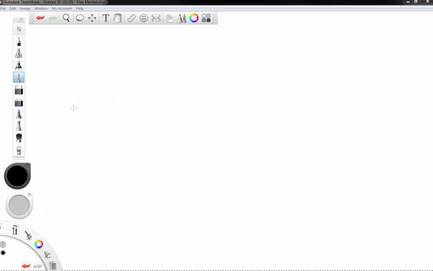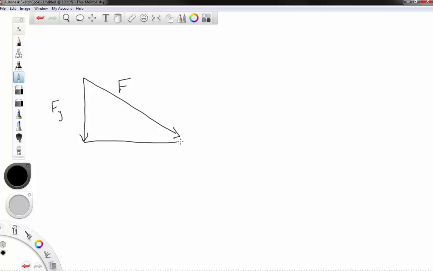If I apply a certain amount of force F onto an object, then F can actually be broken up into two components. This is Fy, and this one right here is Fx.